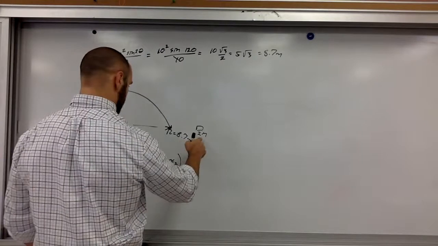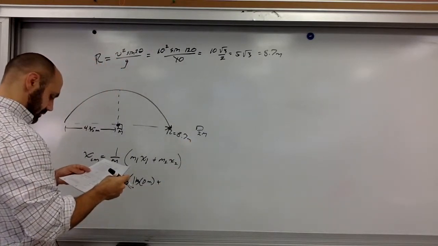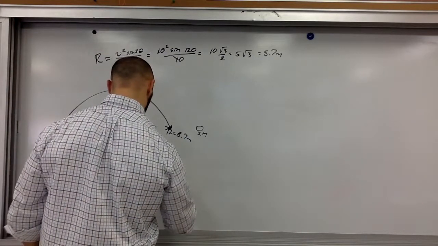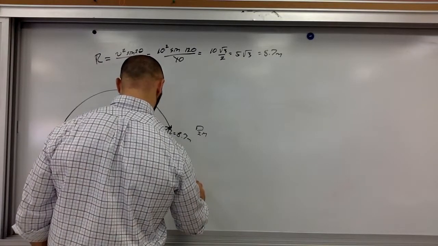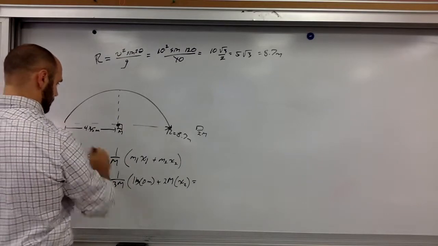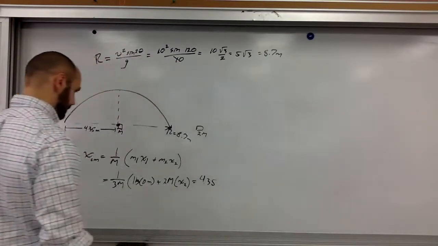And now 2m times x2, I don't know what that is, but I do know that the center of mass is 4.35. Right.